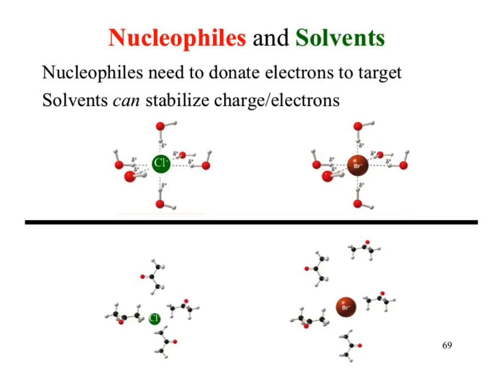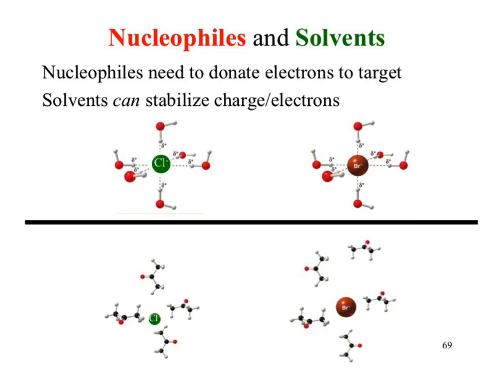Ultimately weak in both cases. So why does the chloride become a better nucleophile now than the bromide? It's now not the strength of the force, it's the amount. Bromine, being larger, has more solvent molecules around it, which means I have to remove more solvent for it to react.